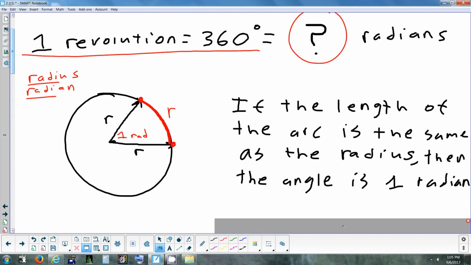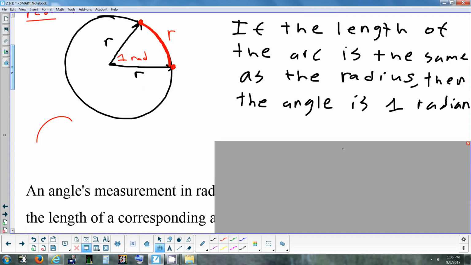Now, if I put any angle I want inside a circle, do you think that the length of the arc will always come out the same as the radius? No. I could do something like, let's just take a circle, could draw an angle like that.